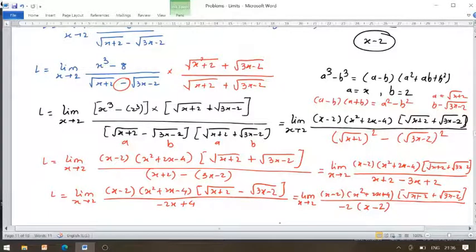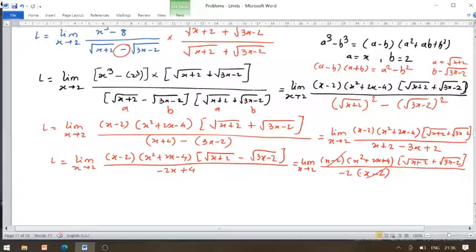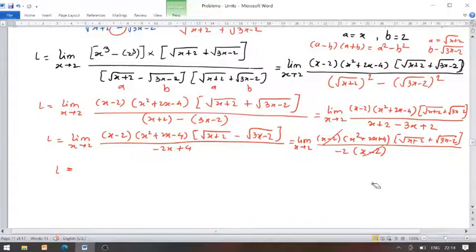So here the factor (x minus 2) from the numerator and denominator gets cancelled, and now apply the direct method of limit to the remaining terms from the numerator as well as denominator. So now let us replace x by its value 2.